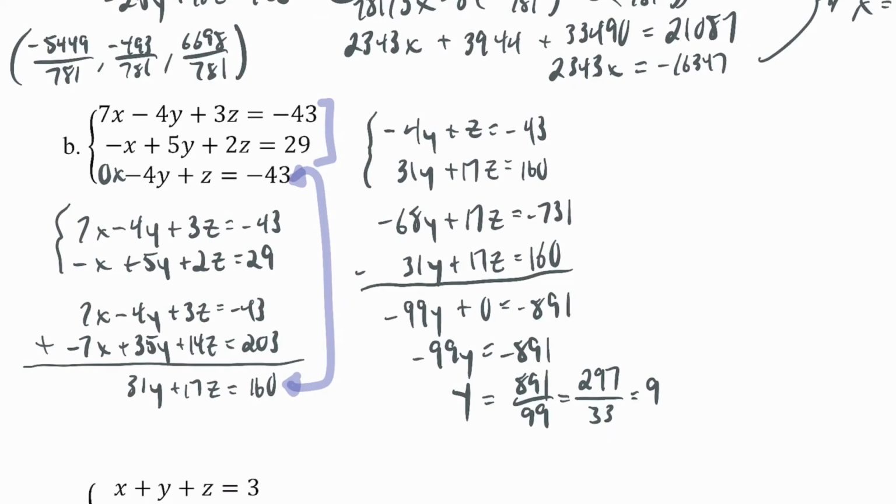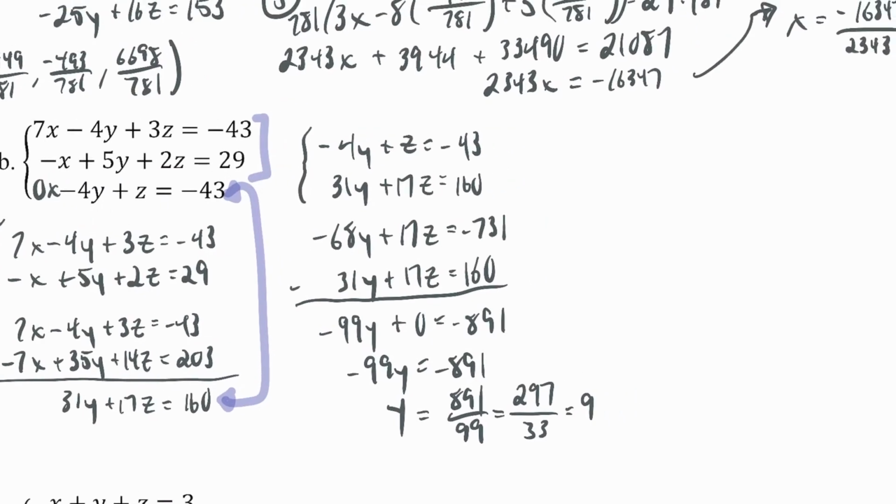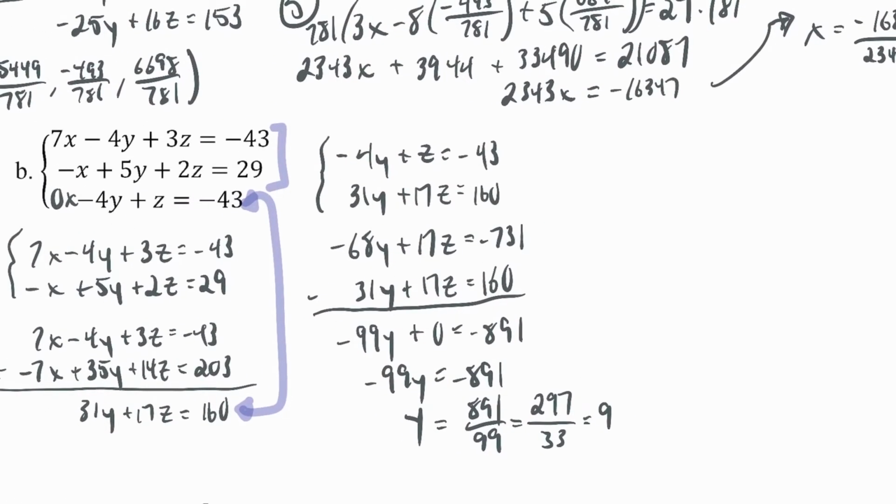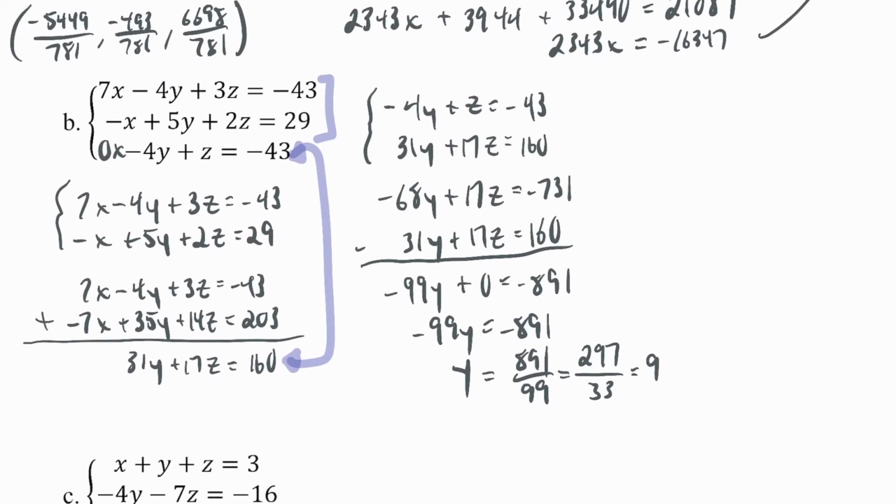Okay, so let's go back to one of these equations and get a value for z. So let's go back to this equation that didn't have x in it at all and plug in 9. So this was step 1, step 2. Now we're on step 3.